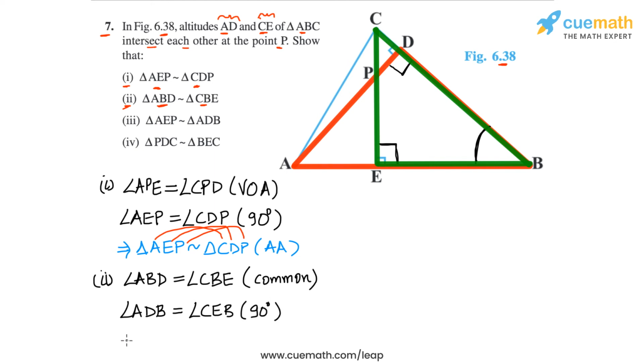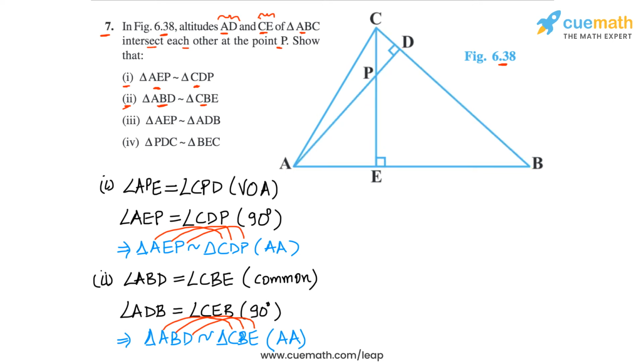So from these two equalities, we can say that triangle ABD will be similar to triangle CBE. So observe the correspondence of the vertices carefully. So these two triangles are similar by the AA similarity criterion, and we see that A corresponds to C, B corresponds to B, and D corresponds to E. So this is part 2.